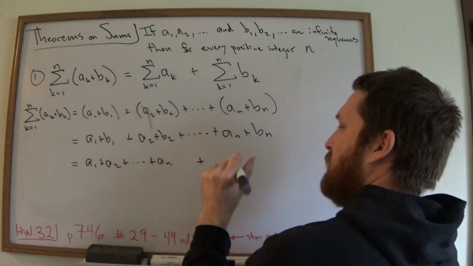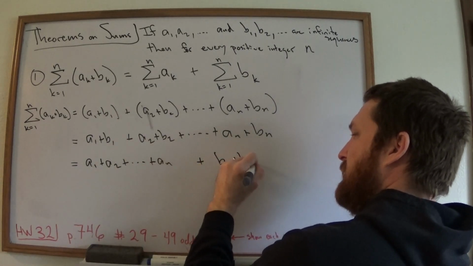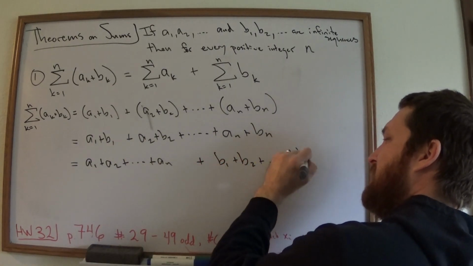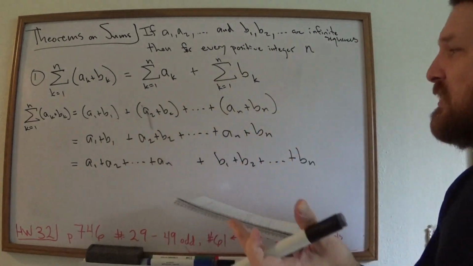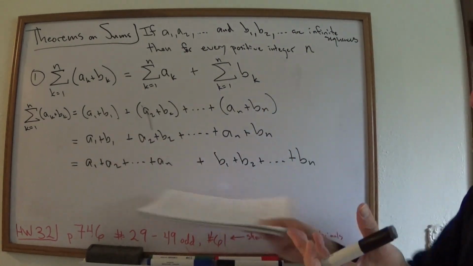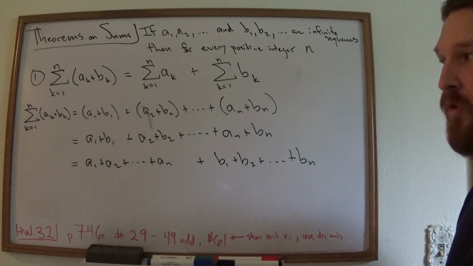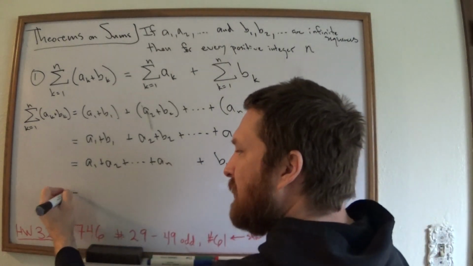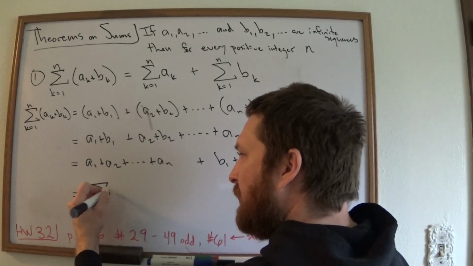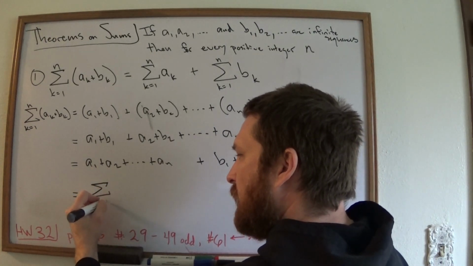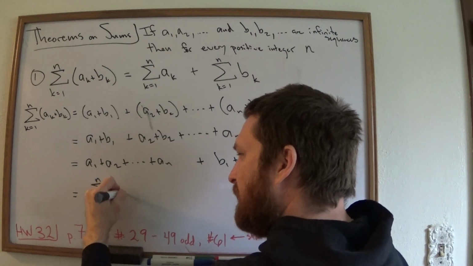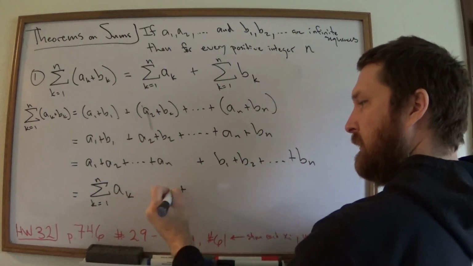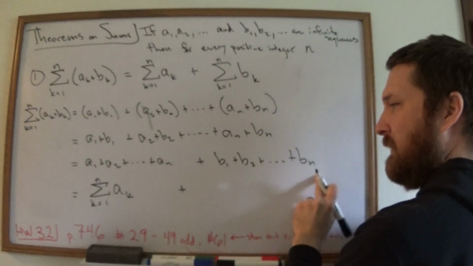And now we'll rearrange all of these to get the B1 plus B2 plus all the way up to the BN. All right, that's legit, right? I could do that with a sum. You'll still get the same thing if you ordered it differently. But what is this? Well, by definition, that is the sum as k goes from 1 up to n of the ak's. This, right here, is the same thing.